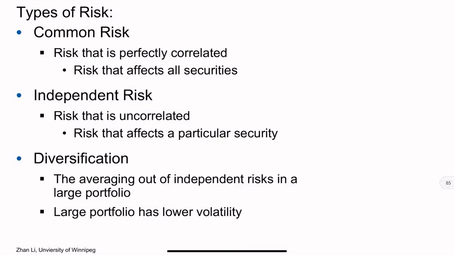You will have independent risk, that is, risk that only affects a particular firm or security or stock. Then you will also get this diversification benefit. That is, if you put a lot of stocks into this portfolio, then generally as you add more stocks, your portfolio's risk, your portfolio's standard deviation, will be lower.